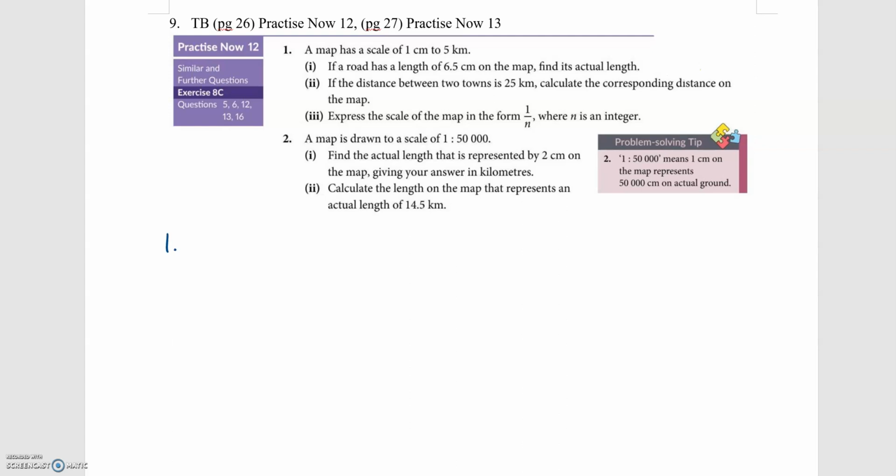I think by now most of you should be quite familiar. So if I have a map of 1 cm represents in actual 5 kilometers.